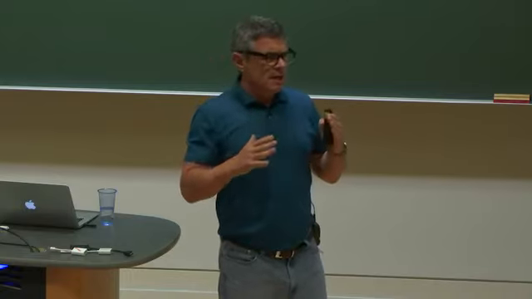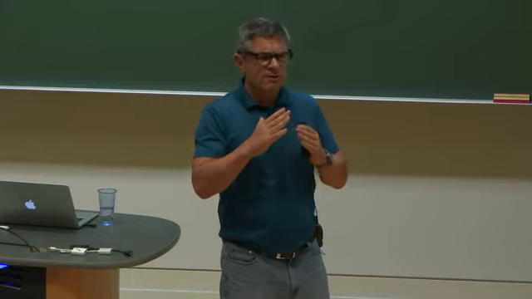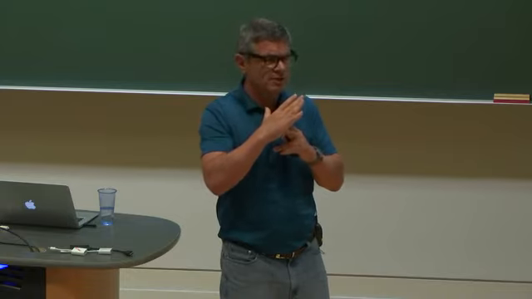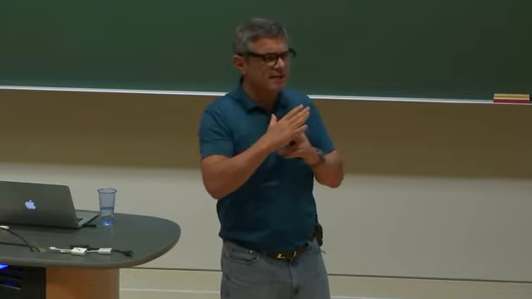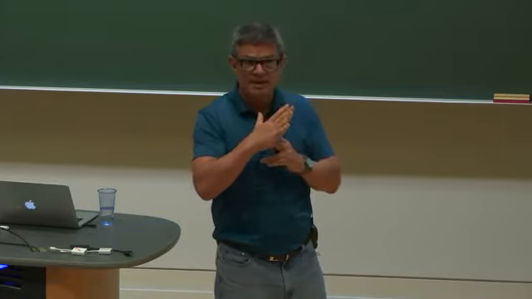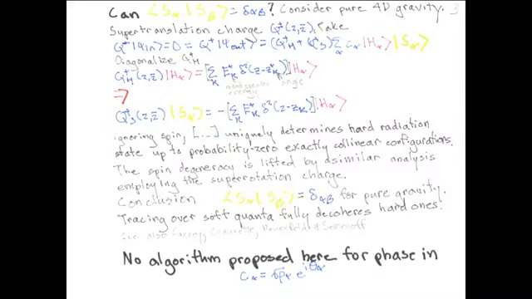In gravity, we have analogous infinity of charge conservation laws from the matching of the Bondi mass aspect. That is super translation charge conservation. And then we have a second infinity from the matching of the angular momentum aspect. That is super rotation charge conservation. And you need both of those for the soft quanta to fully decohere the hard gravitons. And then in that case, tracing over the soft quanta fully decoheres the hard ones.